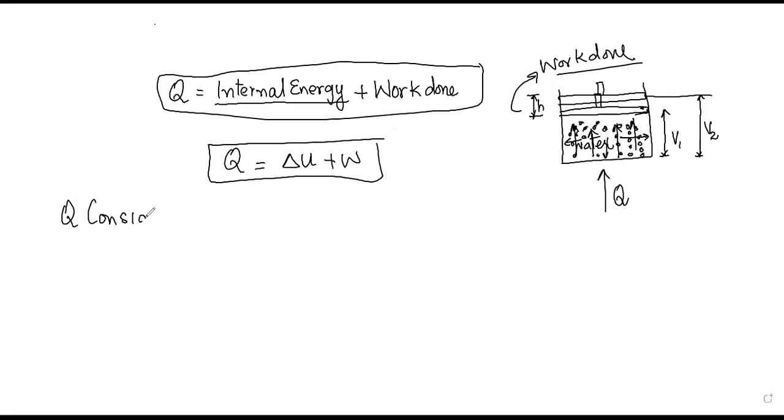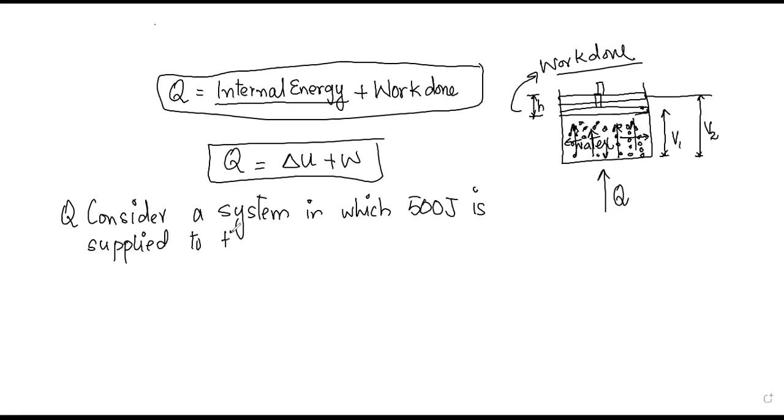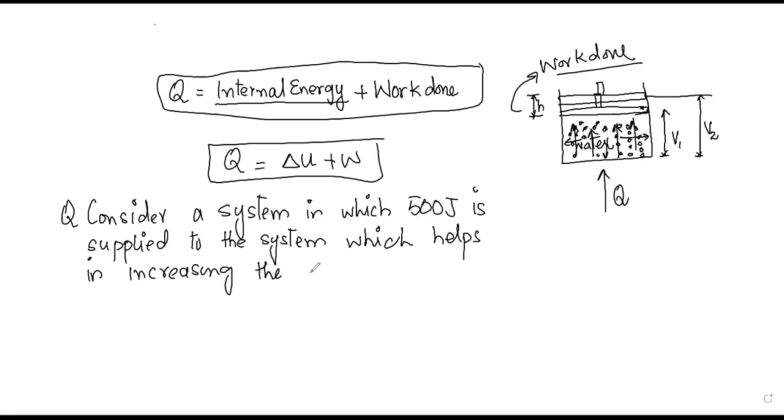Consider a system in which 500 joules is supplied to the system, which helps in increasing the internal energy to 250 joules.